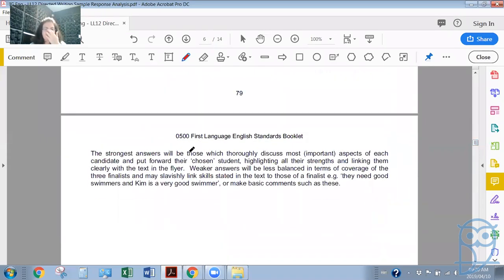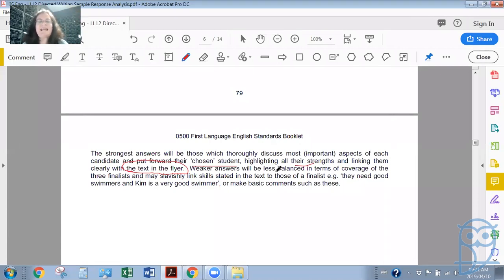The strongest answers will be those which thoroughly discuss the most important aspects of each candidate and put forward their chosen student, highlighting all their strengths and linking them clearly with the text in the flyer. So you must make sure that you base your argument on what is said in the flyer.